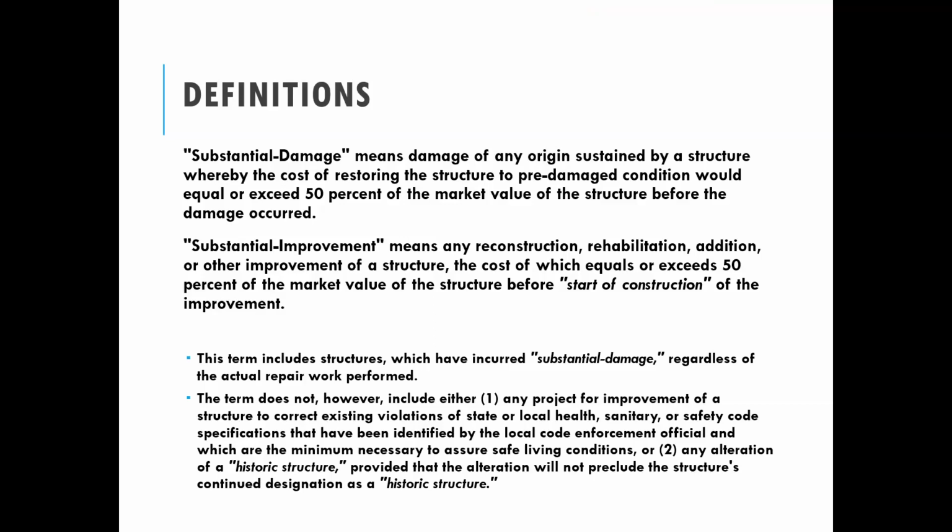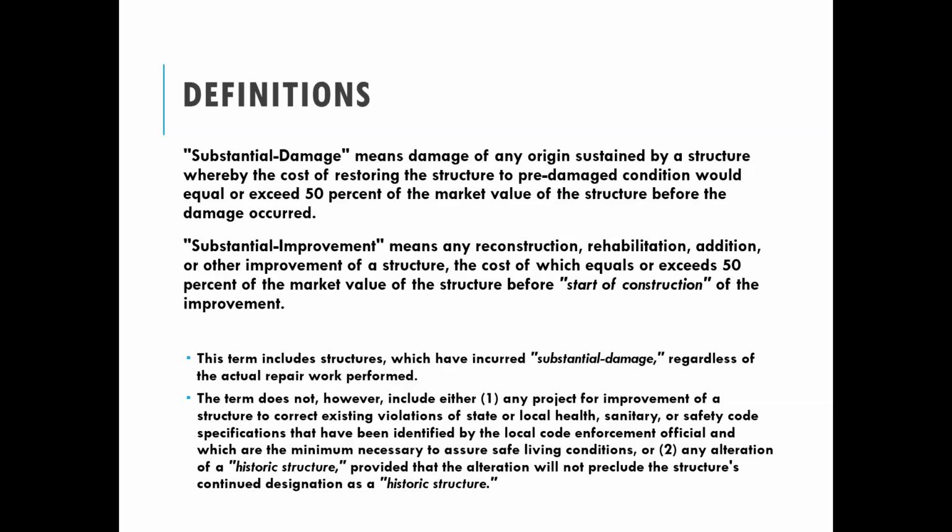So again, substantial damage from any origin sustained by the structure where the cost to restore it to its pre-damage condition would be 50% or more of the market value. And then improvement kind of goes hand in hand with that. It's sort of the same thing where if someone is improving a structure, if the cost of that improvement is 50% or more of the market value before the start of construction, then it would also count.